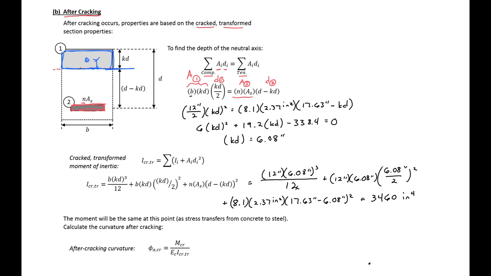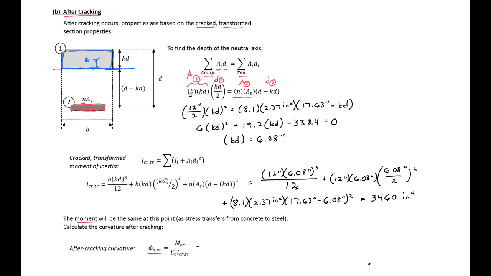We can then use this I cracked transformed with our expression for curvature to calculate our after cracking curvature. Our moment's going to be the same as we remember from our previous slide. So we only need to calculate the after cracking curvature for this point.